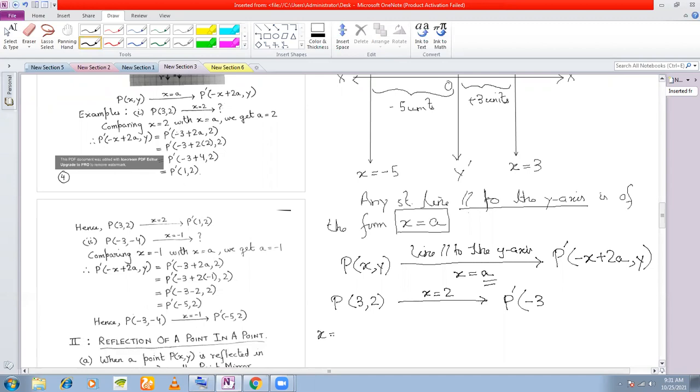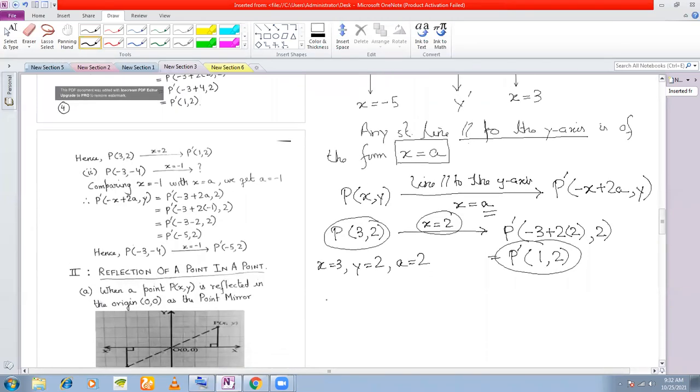So x is equal to 3 here, y is equal to 2, and a here is equal to 2. The x coordinate changes from plus 3 to minus 3, and because you have x is equal to 2 here, you add plus 2a to the x coordinate, and you keep the y coordinate same. Minus 3 plus 4 becomes 1. So the image of this point when reflected in this line is (1, 2).